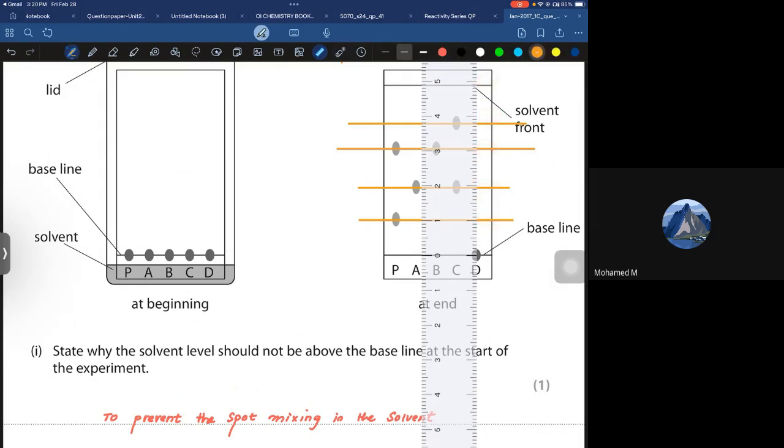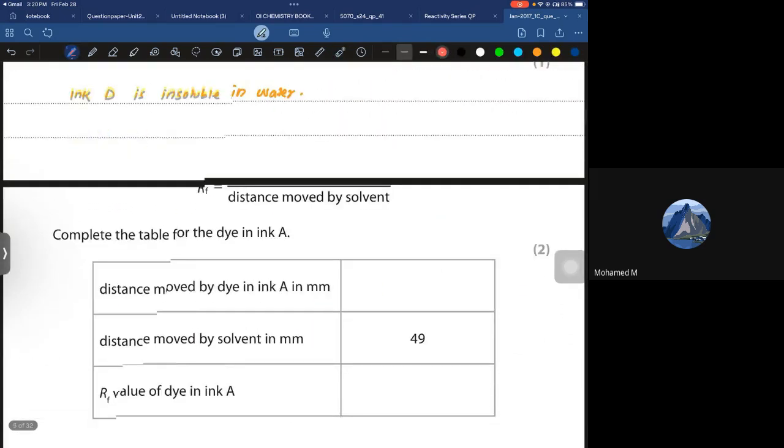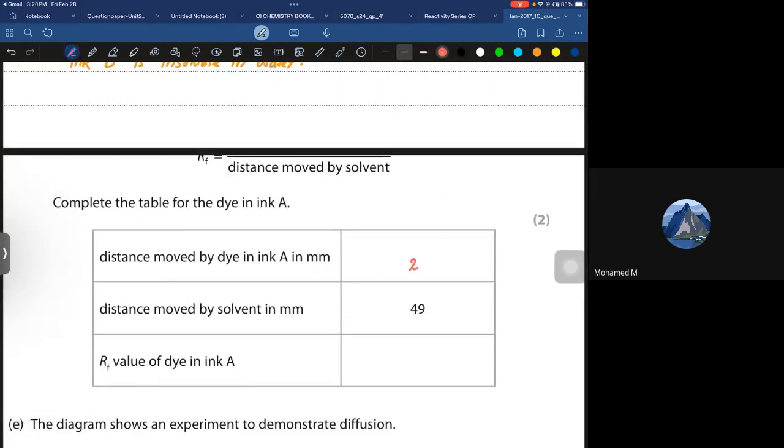So ultimately the answer is approximately 20. If you can see over there, these are the millimeters. So this is 10 and this is 20. So I would write that the answer is 20 basically.